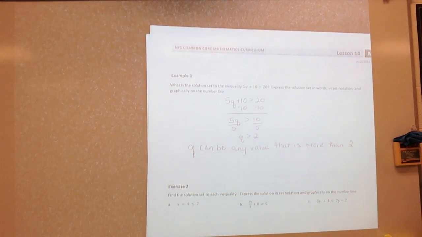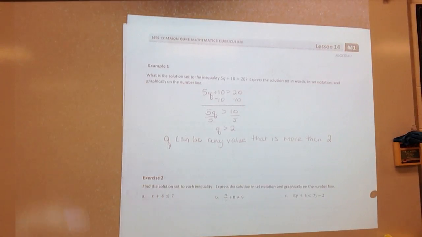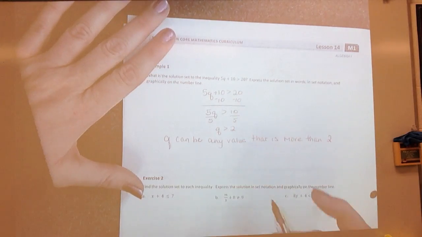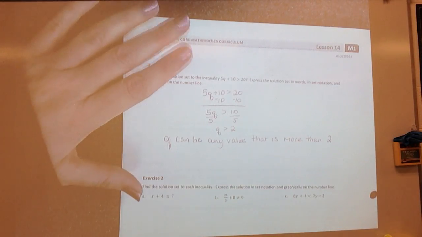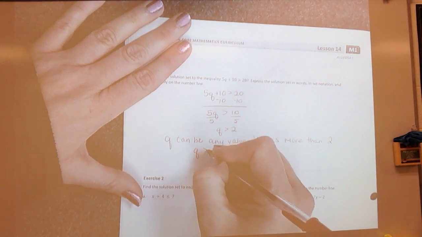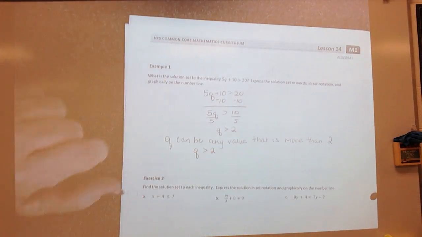I'm no longer looking at that it's equal to. I'm looking at that Q can be any value that is more than 2. So in other words, 3, 4, 5, 6, 7, 8, 9, 10, whatever. All right? Express it in set notation. Here's my set notation. Q is greater than 2.